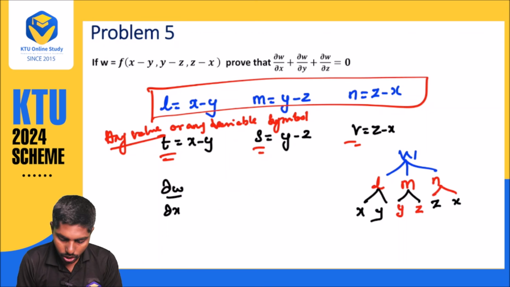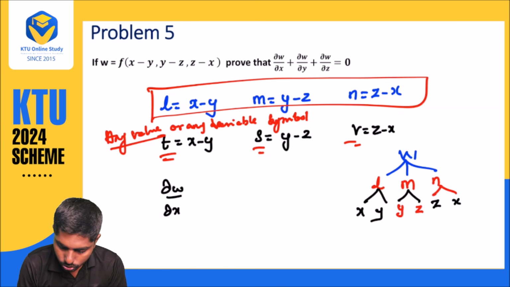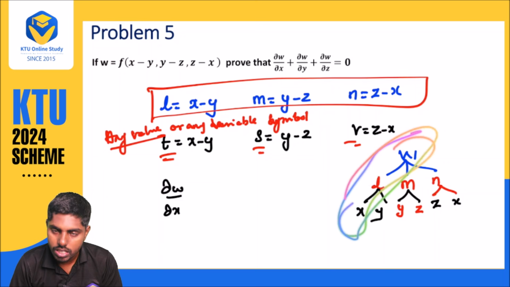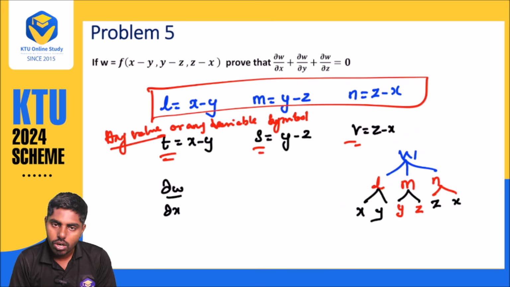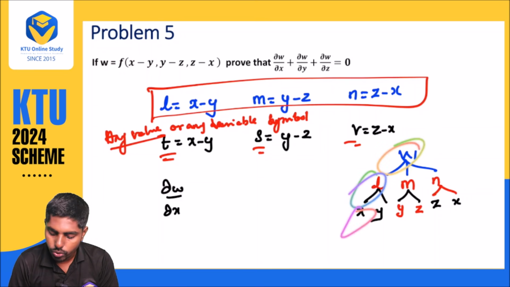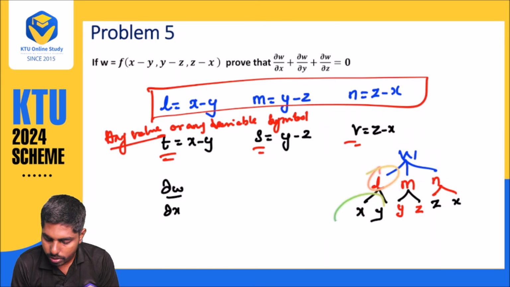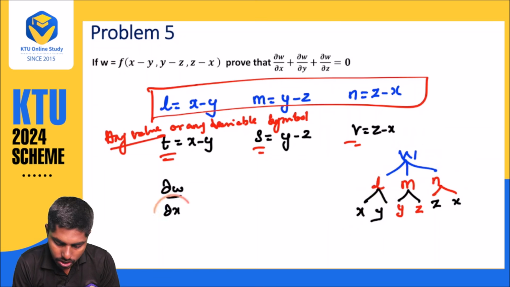Okay, so now what have they asked? Dou w by dou x they are asking. Everything is a partial derivative, because w is depending upon more than two variables, and l is also depending upon more than two variables, but they are asking with respect to x.